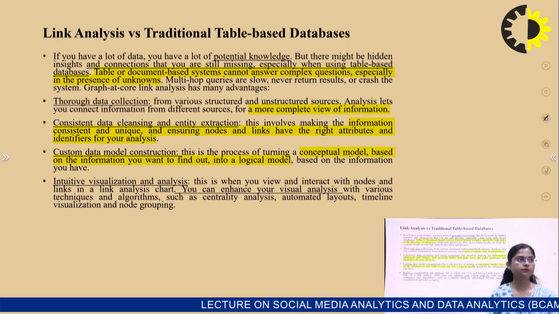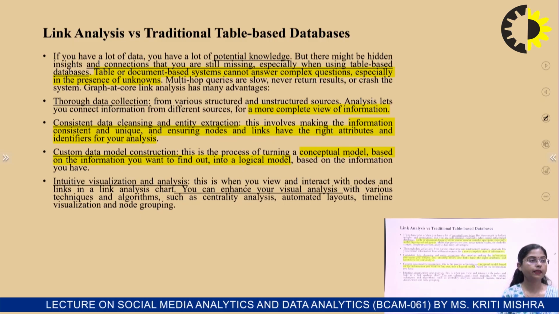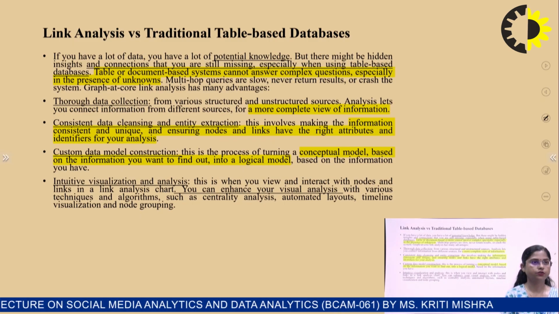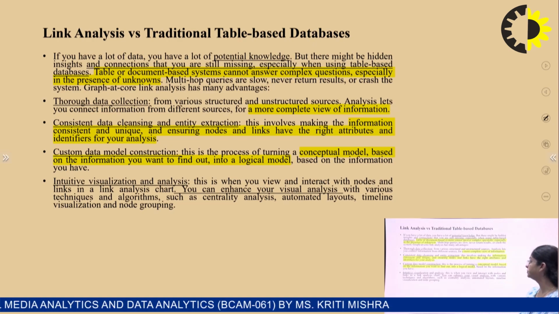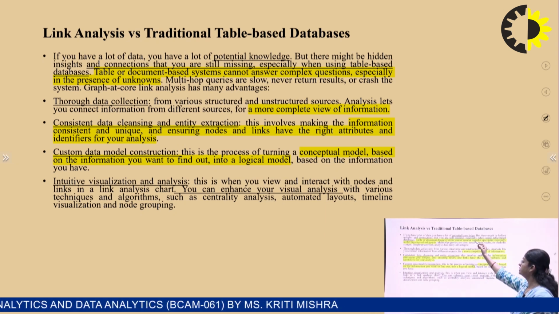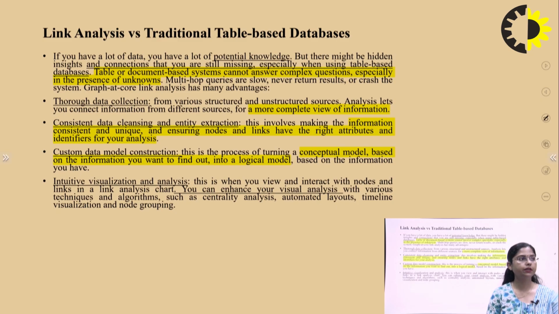So, if you have a lot of data, you have a lot of potential knowledge, but there might be hidden insights and connections that you are still missing, especially when you use a table-based database.